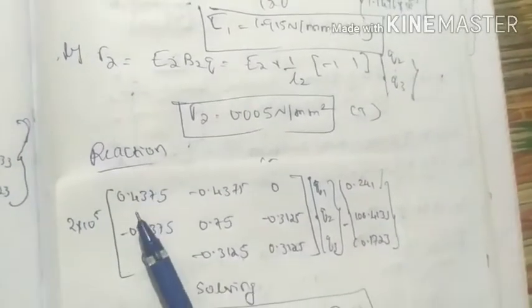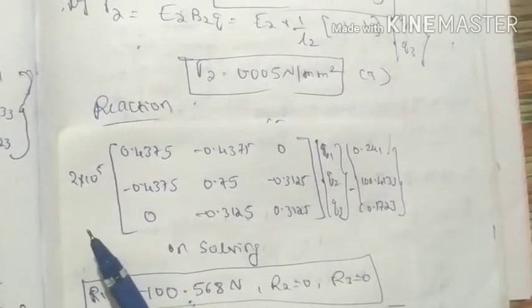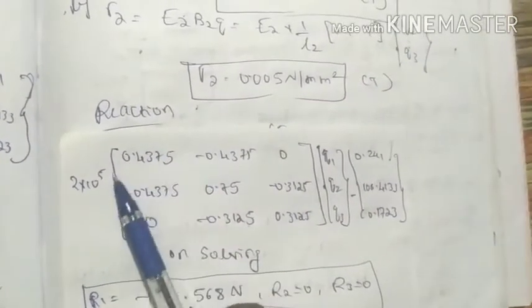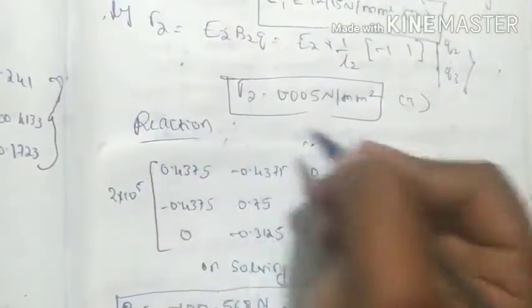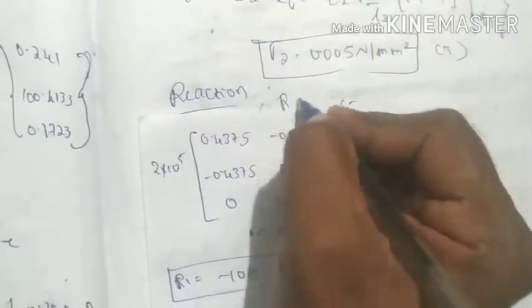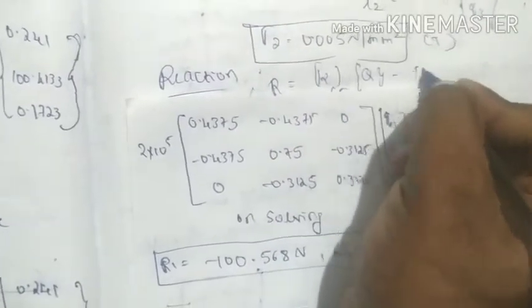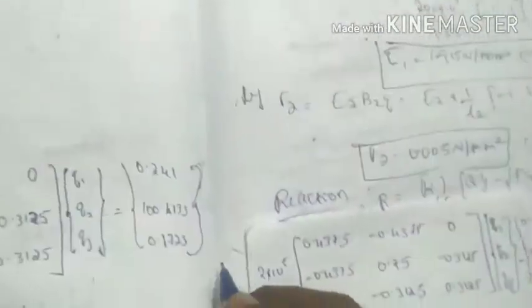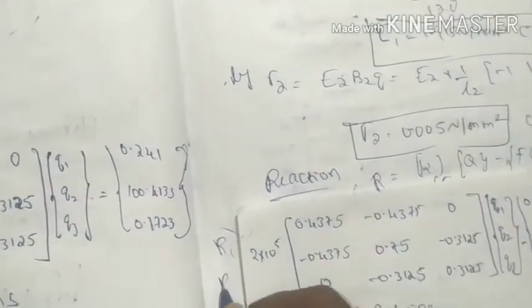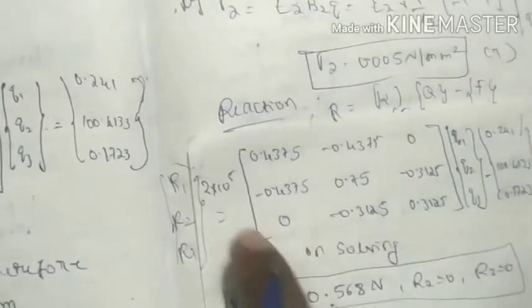Now finally we need to find the reactions. That reaction is equal to RQ. What is that reaction? R is equal to KQ minus F. Therefore R is nothing but R1, R2, R3. That is equal to this much.